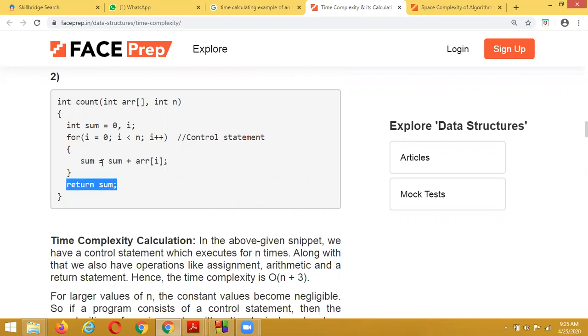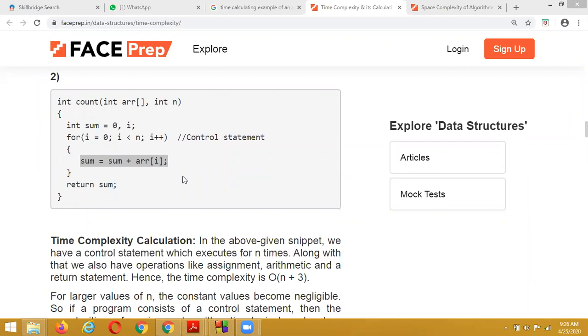How many times is sum is equal to sum plus array of i going to be executed? It is executed n times.